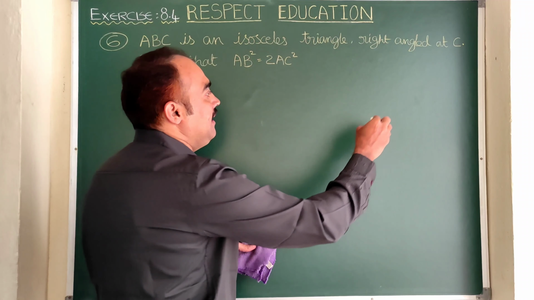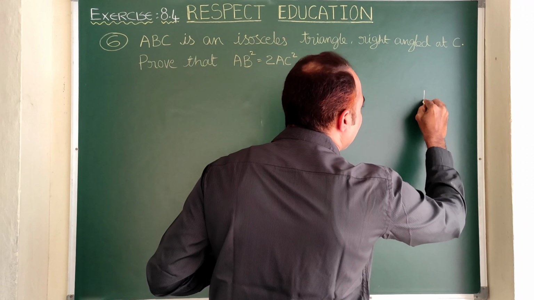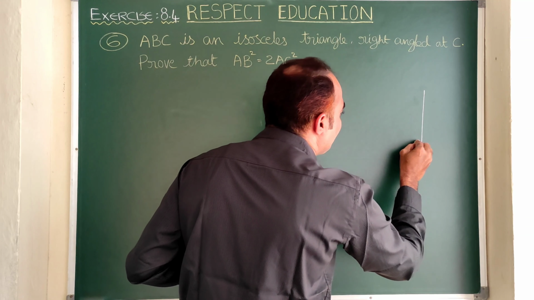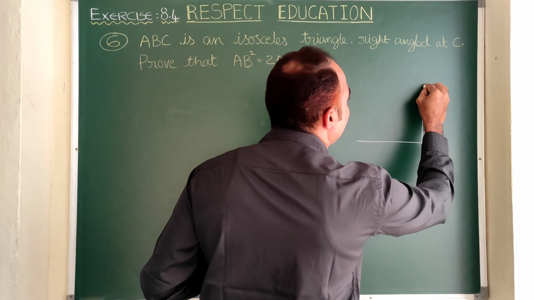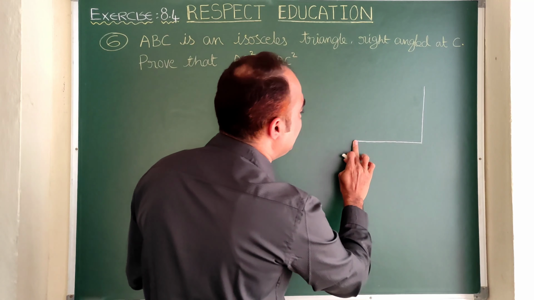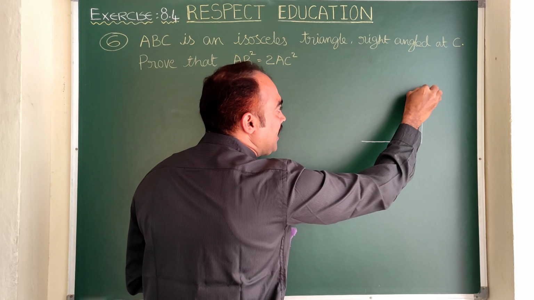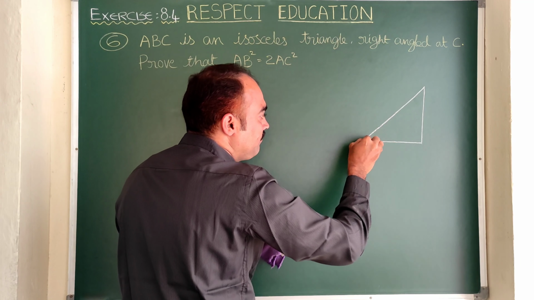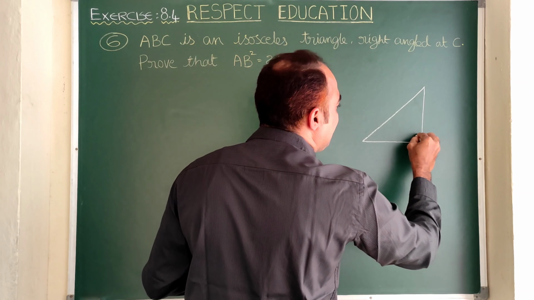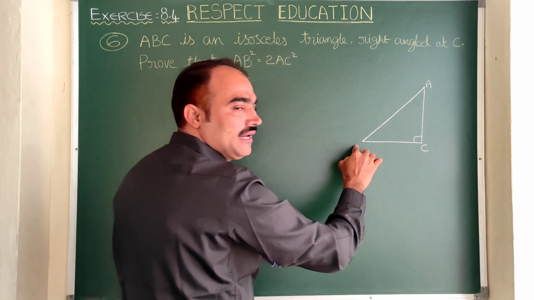So here let us draw one suitable diagram. Here you see these 2 sides should be equal. These 2 only should be equal, whereas hypotenuse cannot be equal to any one of them, right? So here right angled at C. So you can write either A here or here, no problem.